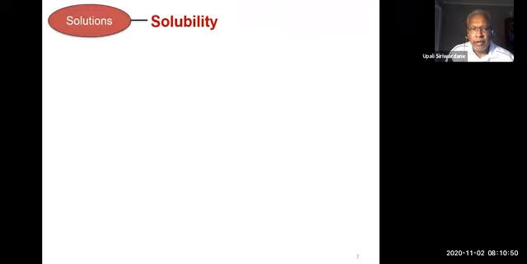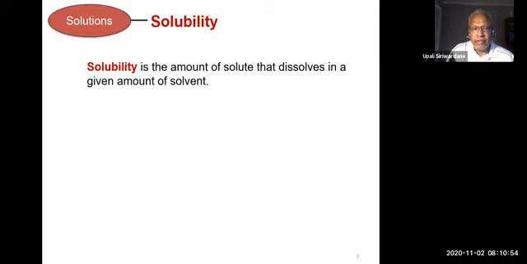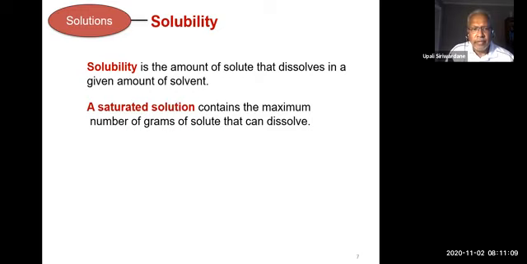Solubility depends on temperature and pressure. Solubility is the amount of solute dissolved in a given amount of solvent, normally grams of solute per liter of solution for liquid solutions. A saturated solution contains the maximum number of grams of solute that can dissolve.